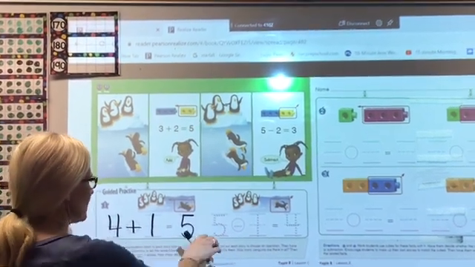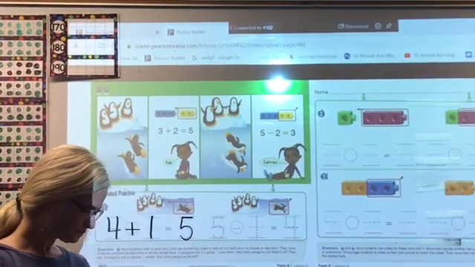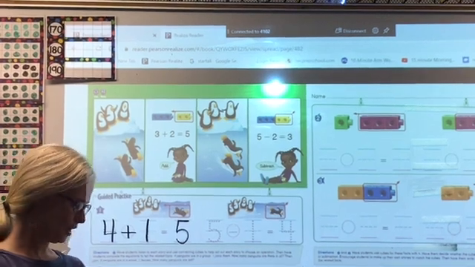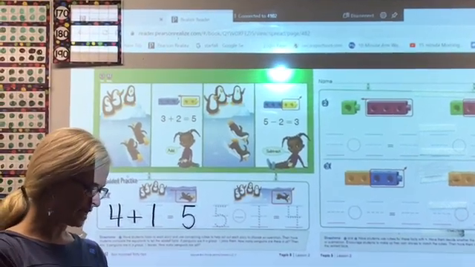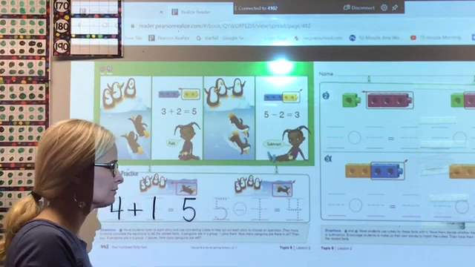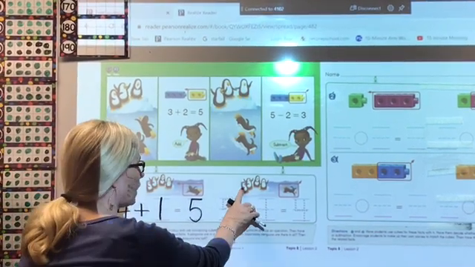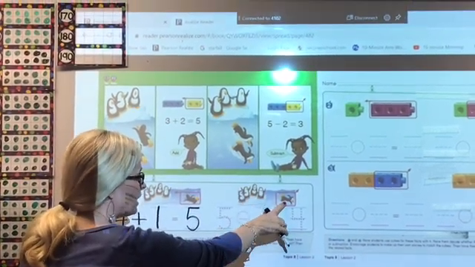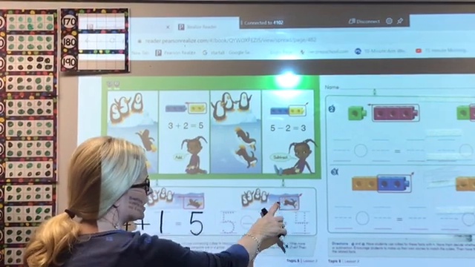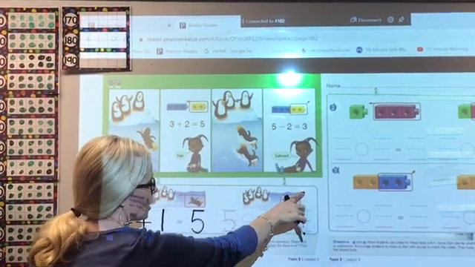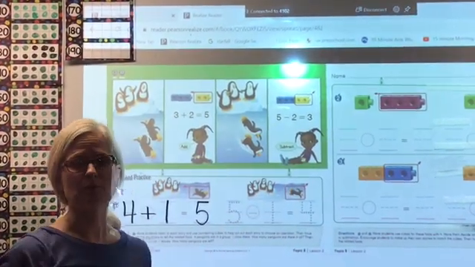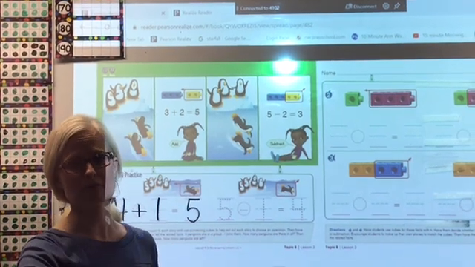Let's move on to the second part. Now, 5 penguins are in a group, and 1 leaves. How many penguins are left? Let's double check. 1, 2, 3, 4, 5. Take a look at the red here, or the circle with the arrow. That's pointing away from the group. That means it's being taken away from the group.